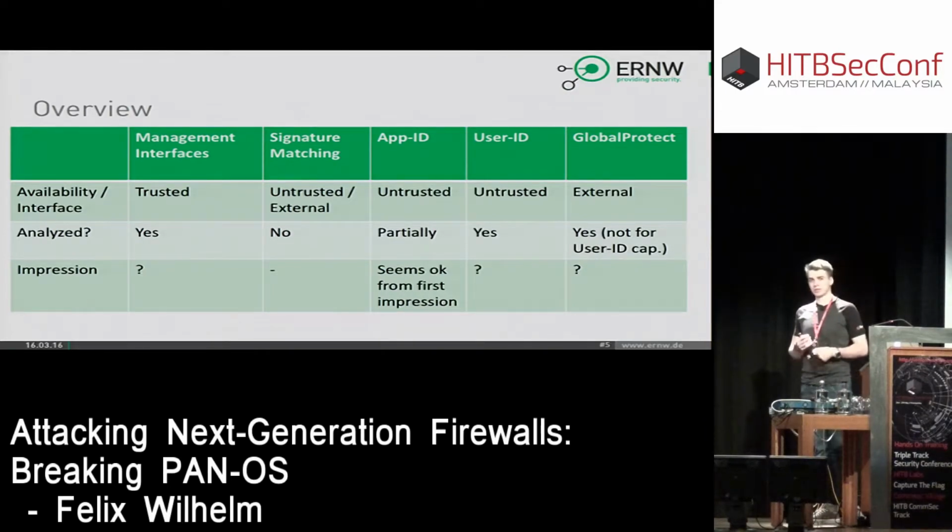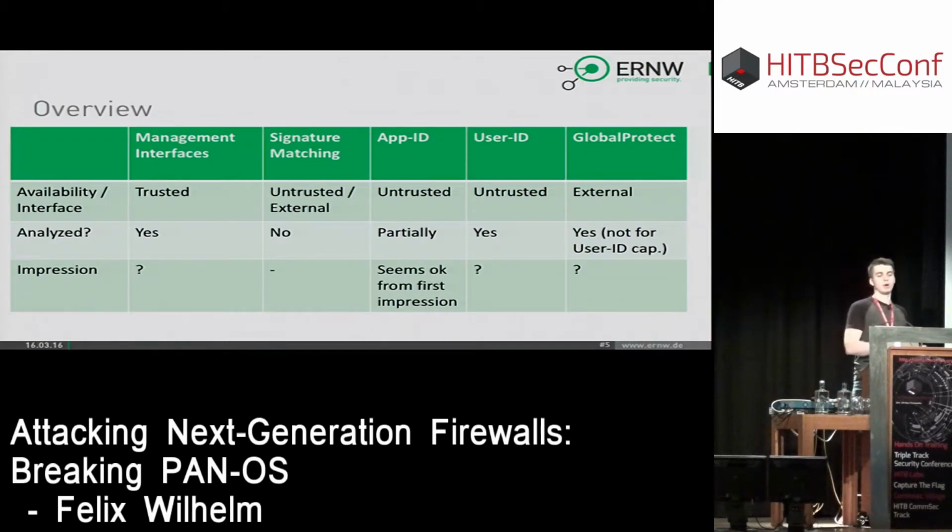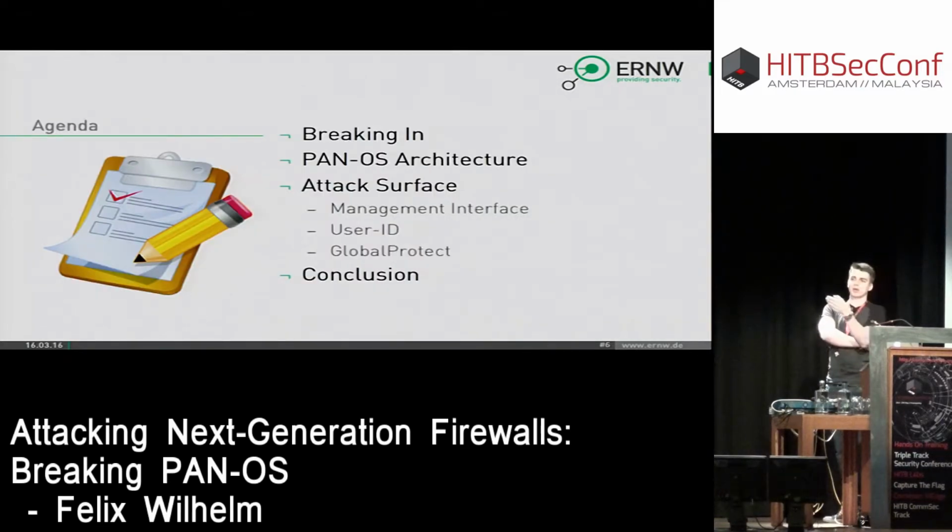User-ID is more interesting because normally you have untrusted office networks where the User-ID functionality is accessible to an attacker. And of course, a GlobalProtect VPN, if you use it as a remote VPN, will be accessible completely from the internet. So this makes it a really interesting attack surface for us. So the agenda of this talk basically is: we are breaking in.